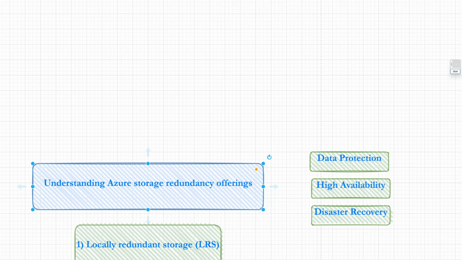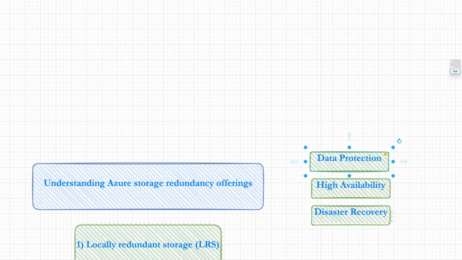The key purposes of storage redundancy: first would be data protection, because redundancy safeguards your data from unexpected events such as hardware malfunctions or data center outages. It protects you from these kinds of outages, and it maintains multiple copies across various locations.